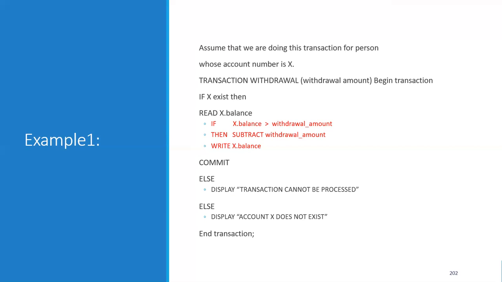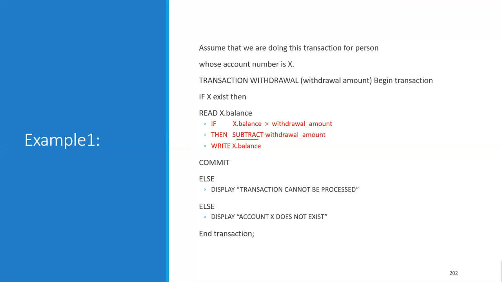If the withdrawal amount is greater than the balance, then it is not possible to draw the money, so there is a failure. Always the withdrawal amount is less than or equal to the balance. Then only you can withdraw the money. If you withdraw the money, that money is subtracted, that means deducted, from the X balance.